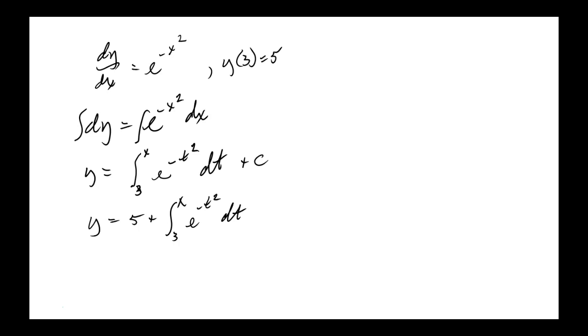Now, you would have to have a bunch of coefficients in front of it and other things, but yeah, that's exactly what you get, and you just basically have to plug in values to figure out what you need, okay? And so that is your solution. y is equal to 5 plus the integral from 3 to x of e to the minus t squared dt.